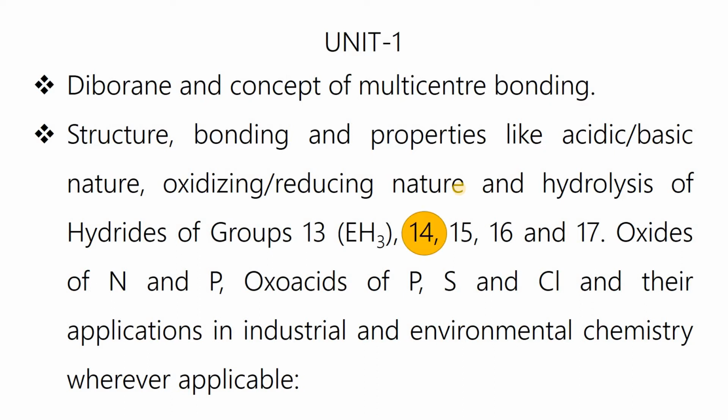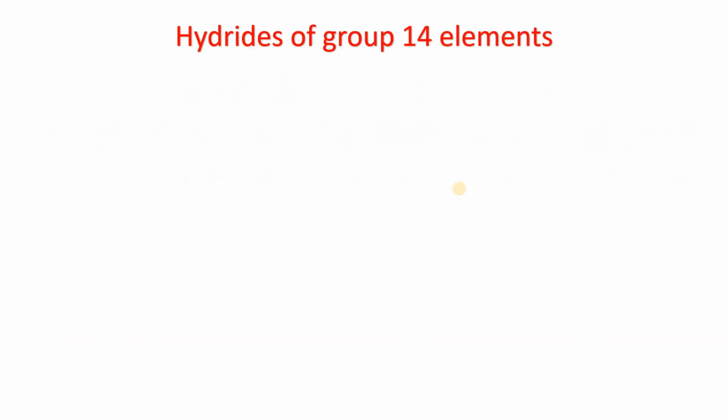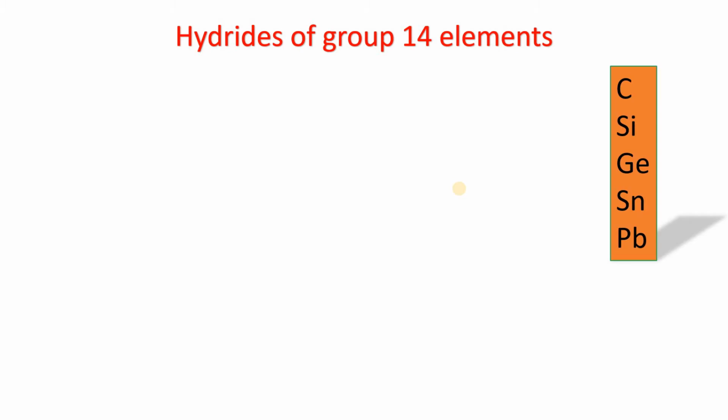So let's start the lecture. The hydrides of group 14 elements. Group 14 consists of carbon, then silicon, germanium, tin and lead.